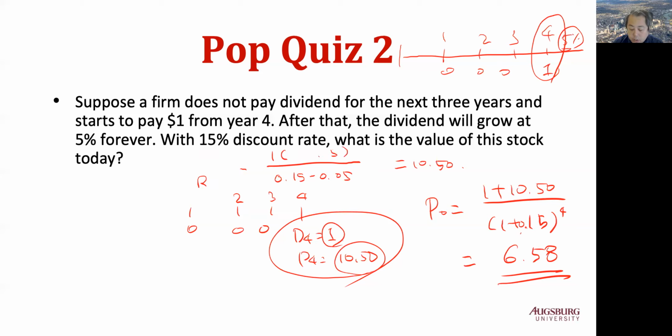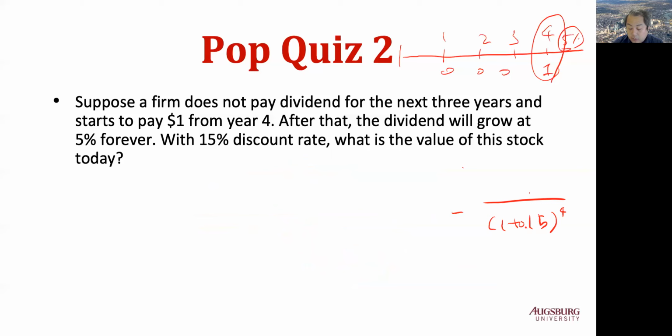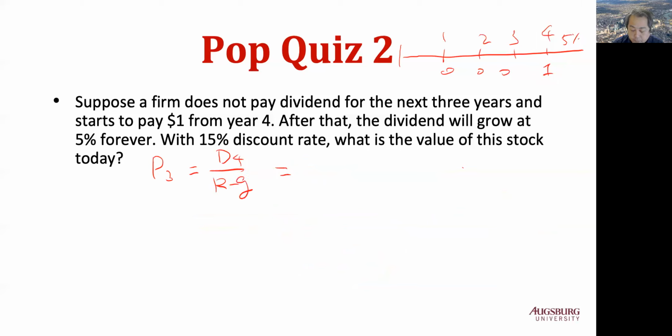However, you can also use the second way. Instead of finding the timing, let's find the dividend that starts to behave like the constant growth model. And that's the first dividend, D4. Using this D4, we can find P3 equals D4 divided by R minus G. So it's 1 divided by R, which is 15%, minus G, which is 5%, so $10.